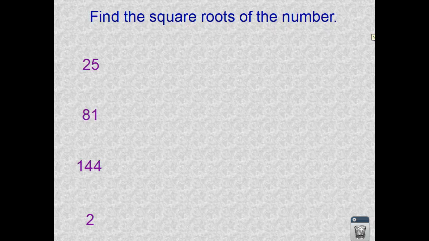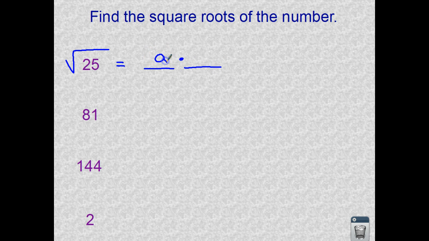So if I were to find the square root of 25, I'm going to put the radical symbol over the 25. And what that's asking is, what number multiplied by itself is equal to 25? So you're thinking about what number multiplied by itself. So I guess we could call it A multiplied by A is equal to 25.